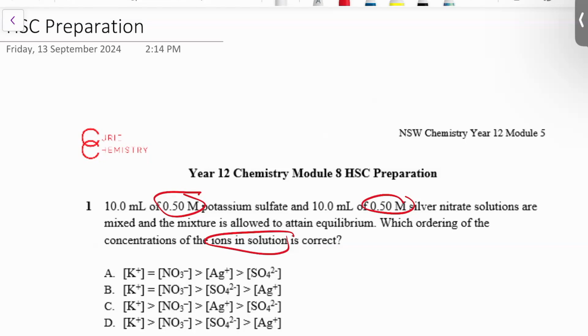Wouldn't the ions that you put in just stay ions the whole time? Is anything happening when you mix potassium sulfate and silver nitrate?